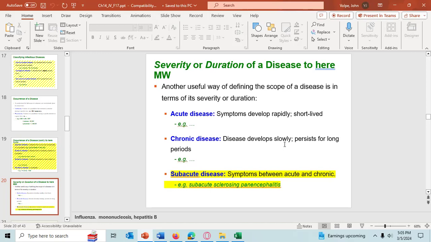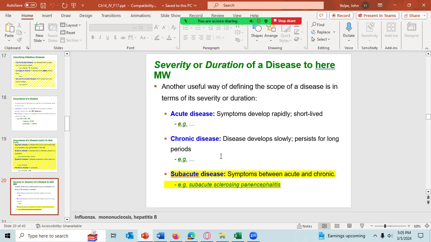Every time you get it, your liver is damaged further, and the chronic disease just gets worse and worse. There are other diseases which get worse for a period of time. The patient gets sicker and sicker, but then eventually the patient starts recovering. A case like that would be mononucleosis, which is considered a chronic disease because it develops slowly and persists for a long period of time. Any question about any of that?